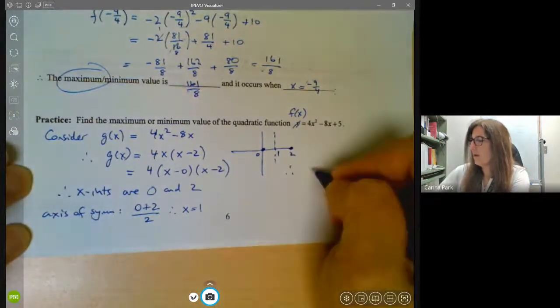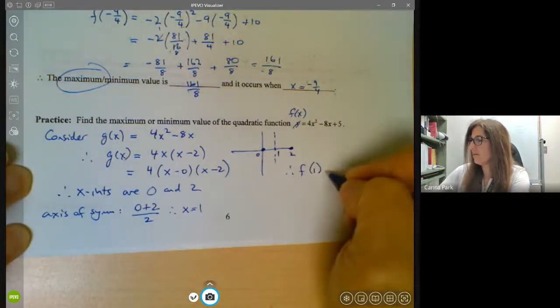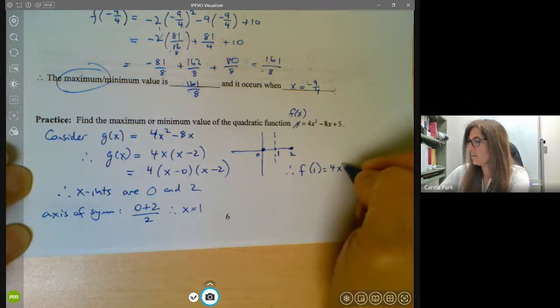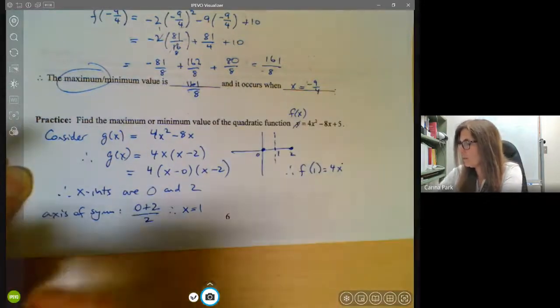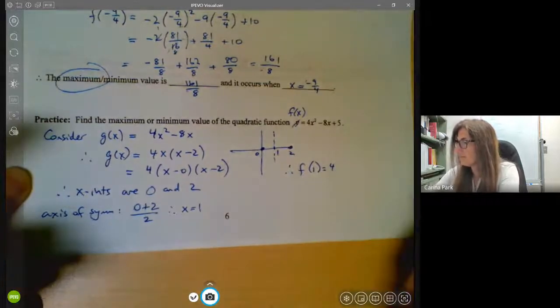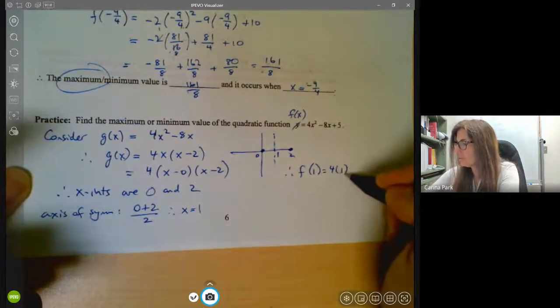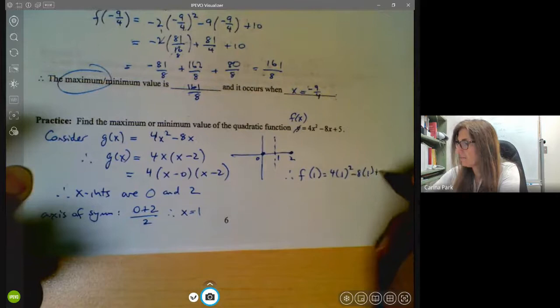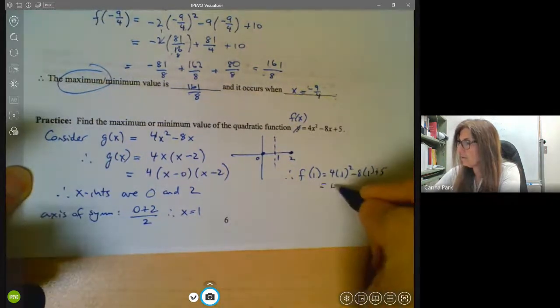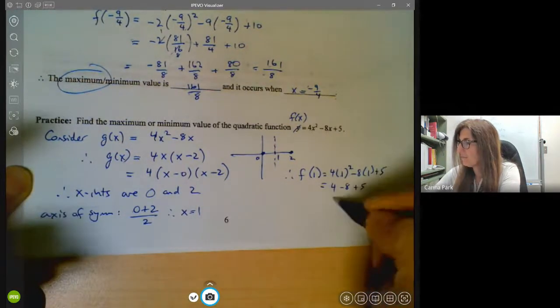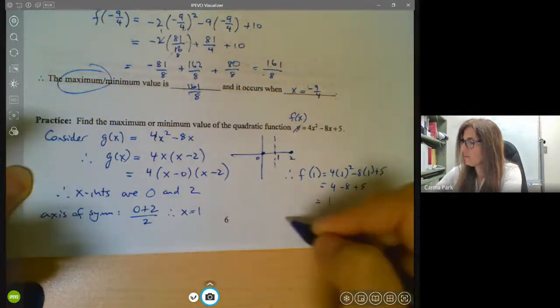So therefore f of 1, let's figure out the y, is 4 times 1 squared minus 8 times 1 plus 5, which is 4 minus 8 plus 5, which is negative 4 plus 5, which is 1.